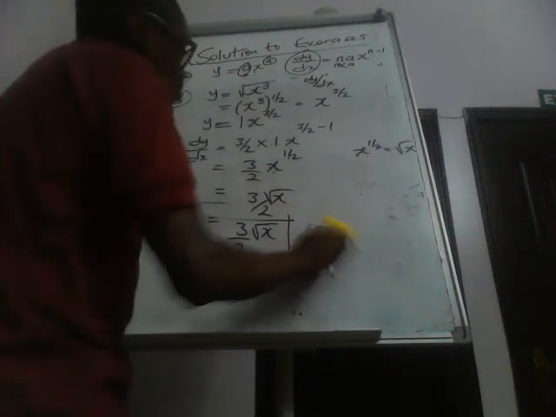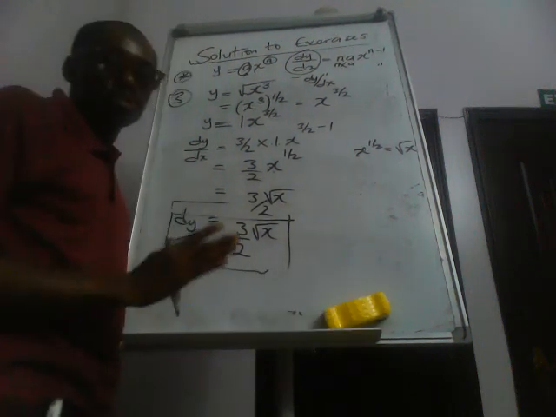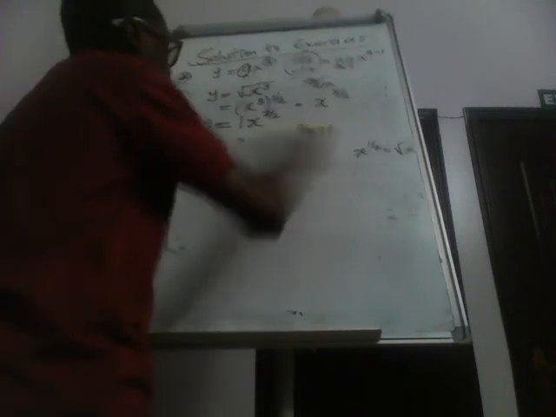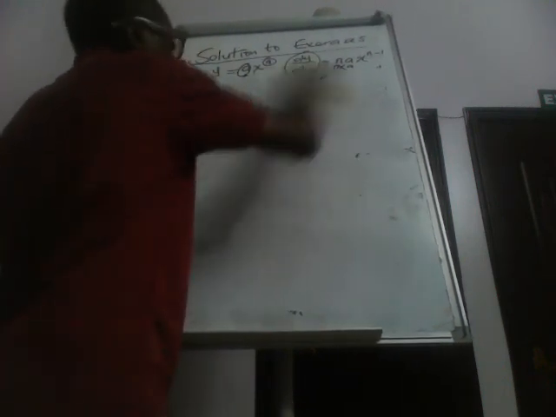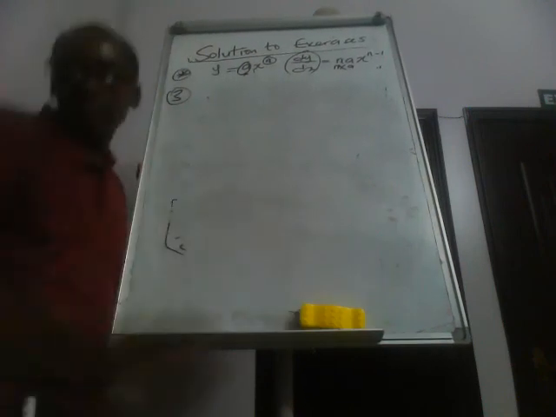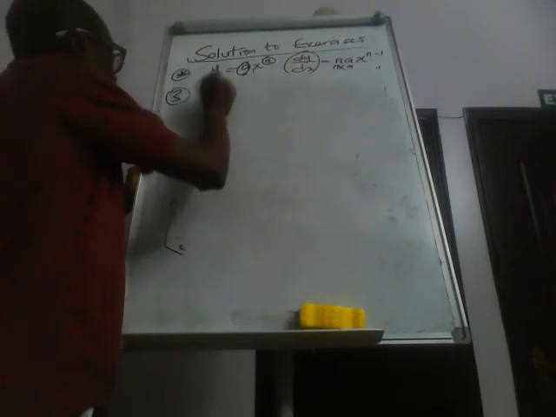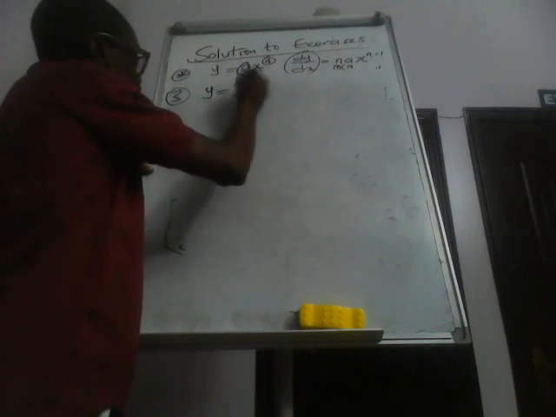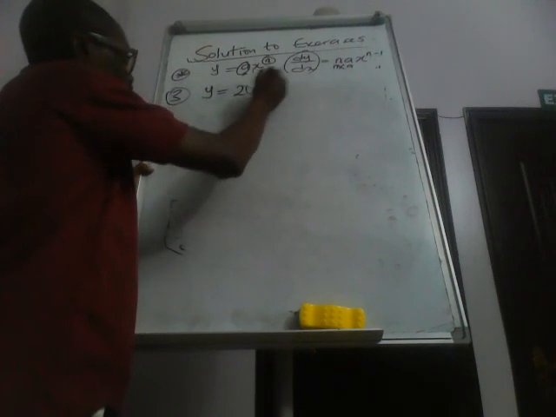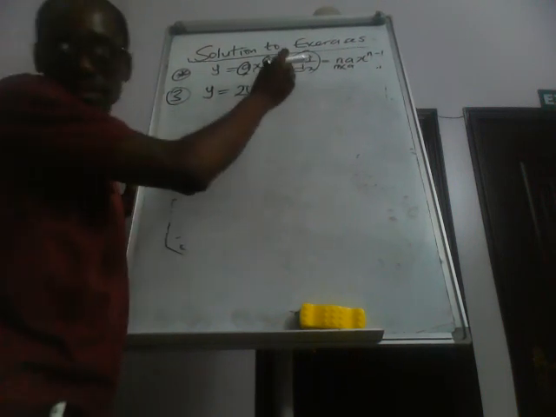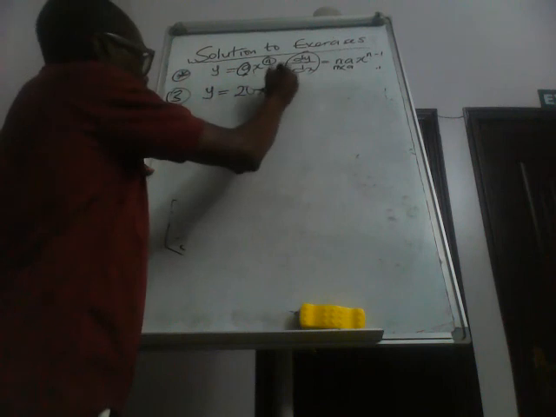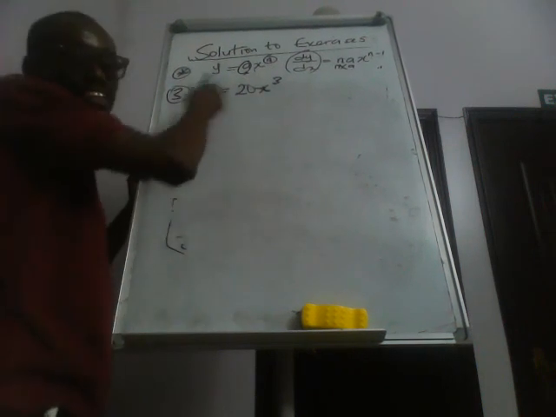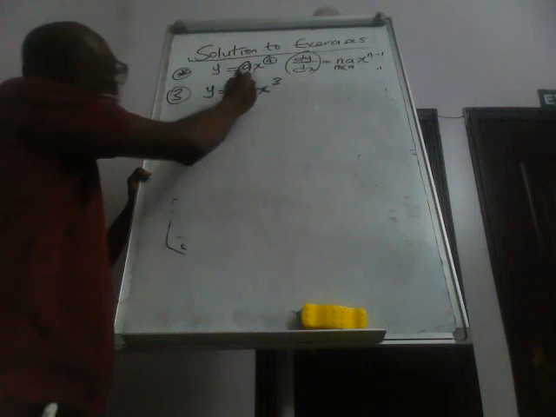So for the fourth exercise, we have y is equals to 20x raised to power 3. This time around, I will just go ahead and solve. I won't start writing out. This is actually our a, this is our n.